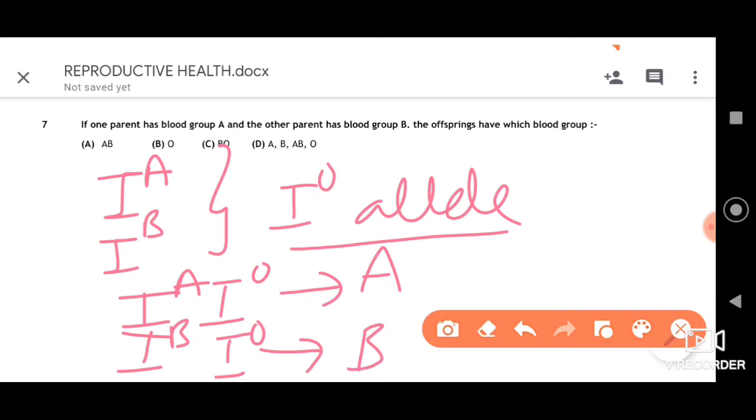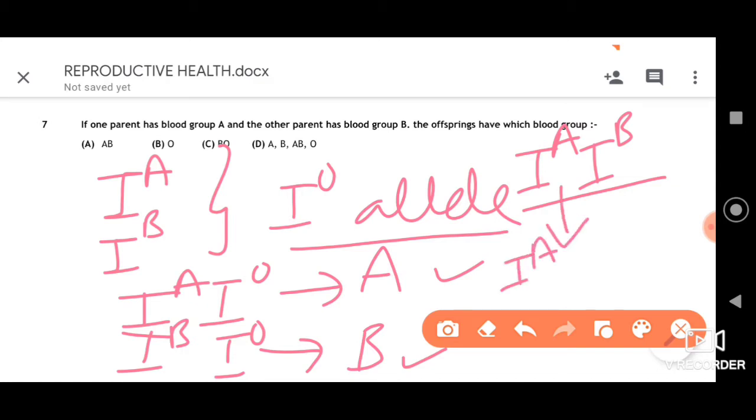IA IO will give rise to A blood group, IB IO will give rise to B blood group. Due to codominance, in a heterozygous condition both the alleles are expressed. So in the genotype IA IB, both will be expressed, so AB blood group will be produced. AB blood group is possible.